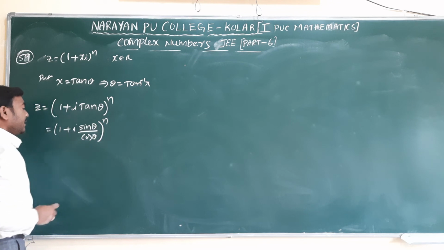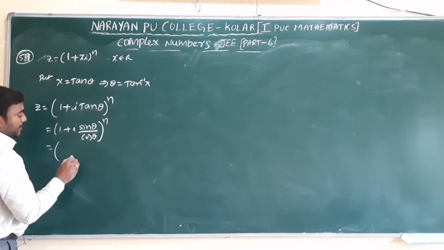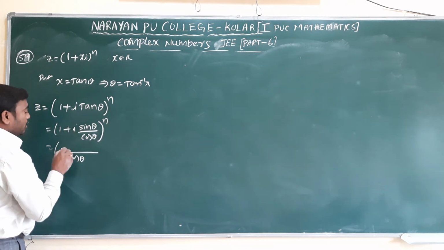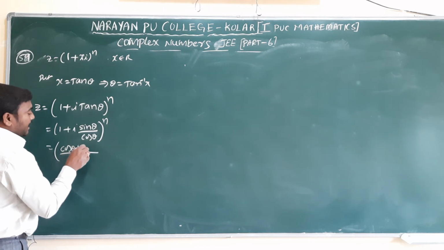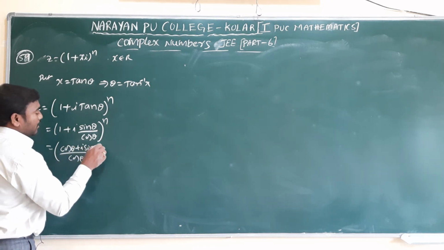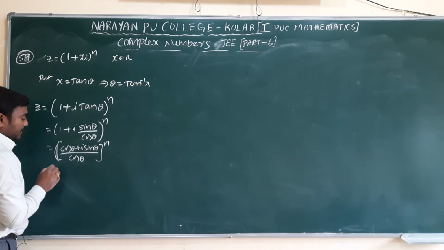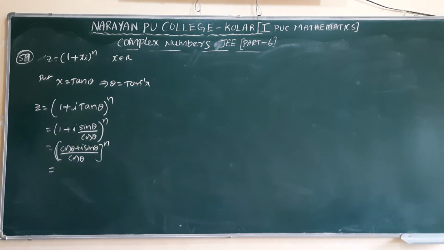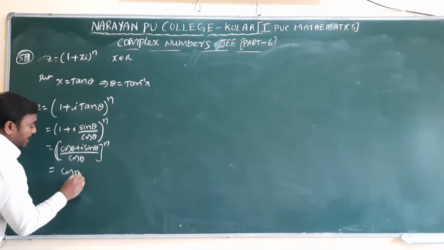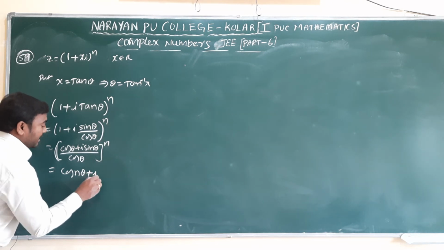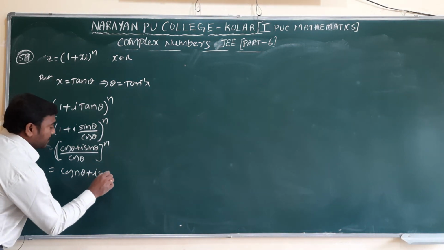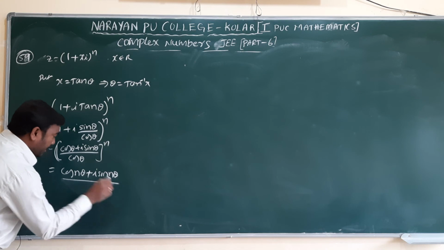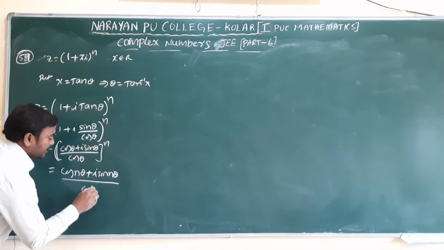Taking the LCM cos theta, we get (cos theta + i sin theta)^n divided by cos^n theta. Now by applying De Moivre's theorem, we get (cos n theta + i sin n theta) divided by cos^n theta.